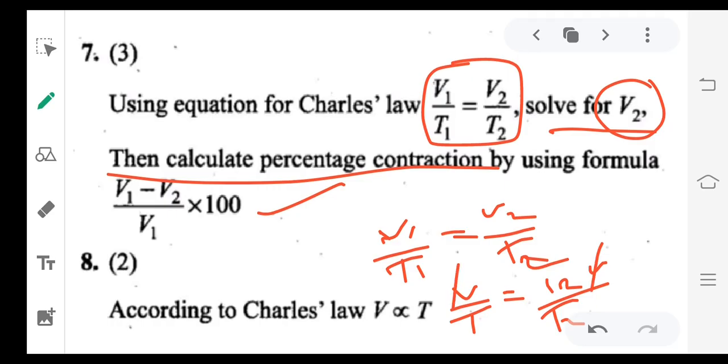Using V1 by T1 equal to V2 by T2, you get T2 equal to 12T. The percentage increase in temperature is T2 minus T1 by T1 into 100.